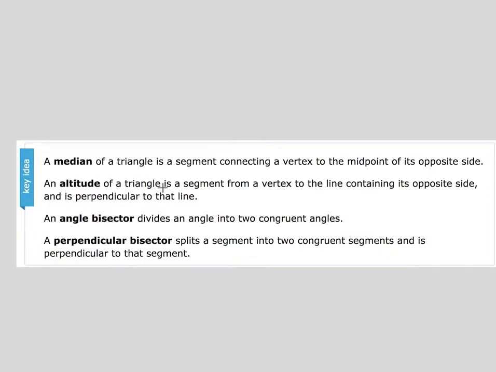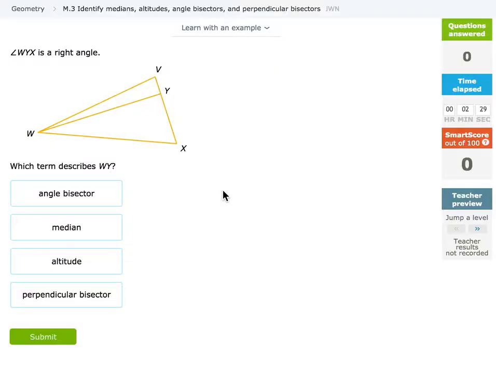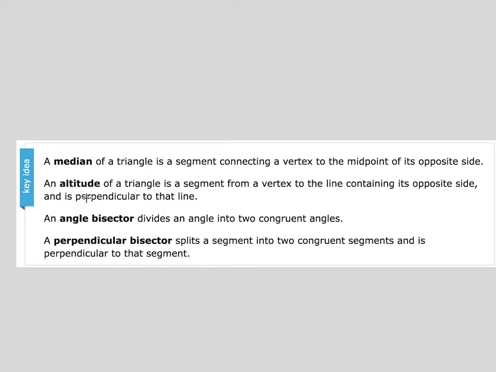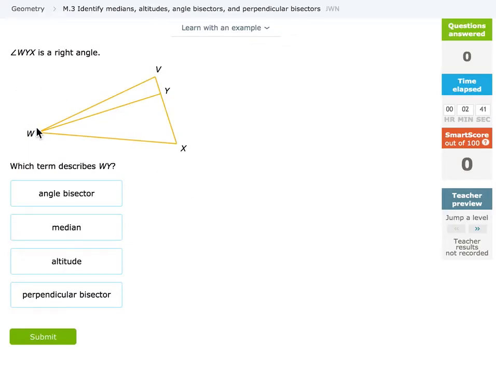Is it going from the vertex to its opposite side? Yes. Is it perpendicular? Remember, that means they form a 90-degree angle. Yes, they do. It looks like it's an altitude.